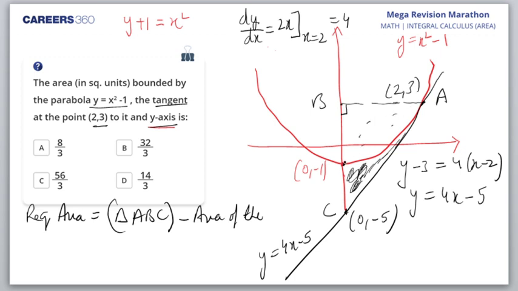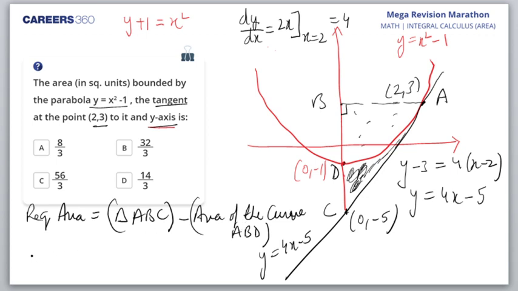Let me call D the vertex. The area of the curve ABD with the y-axis, this area I want to find out. So this area minus this area would be the required area.